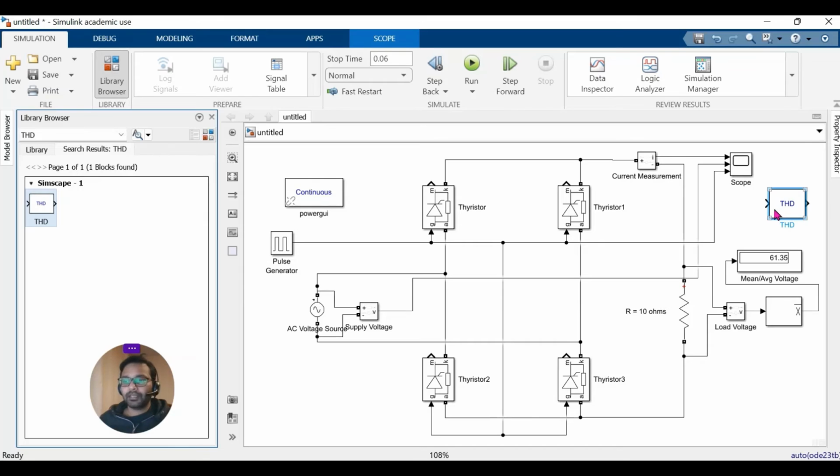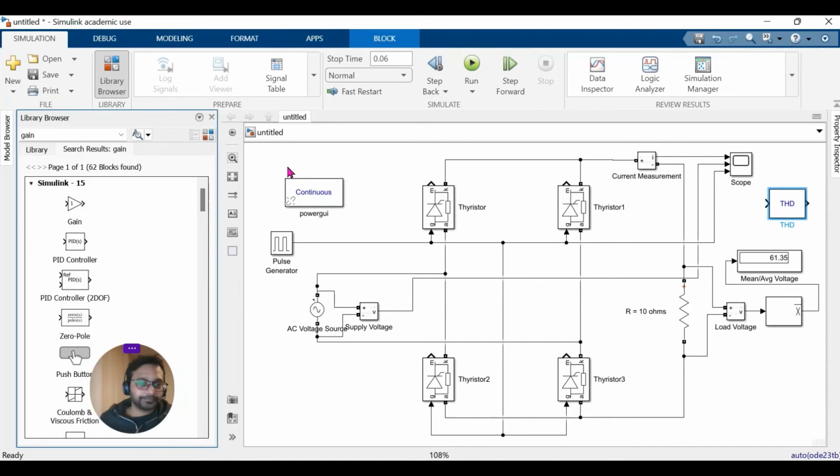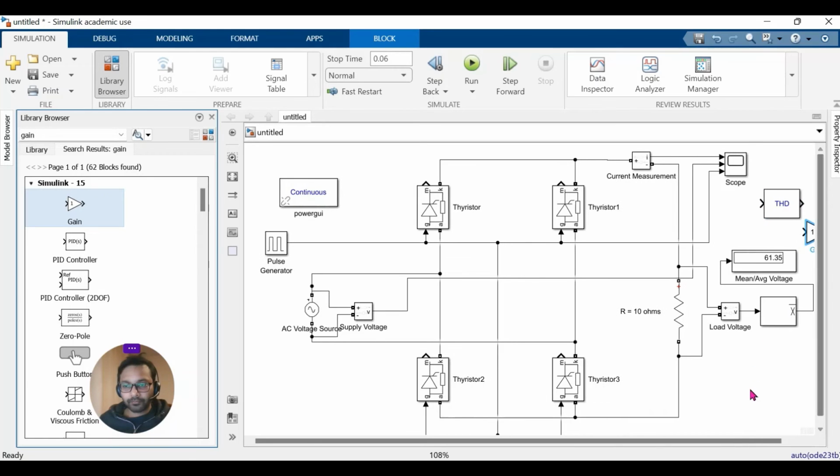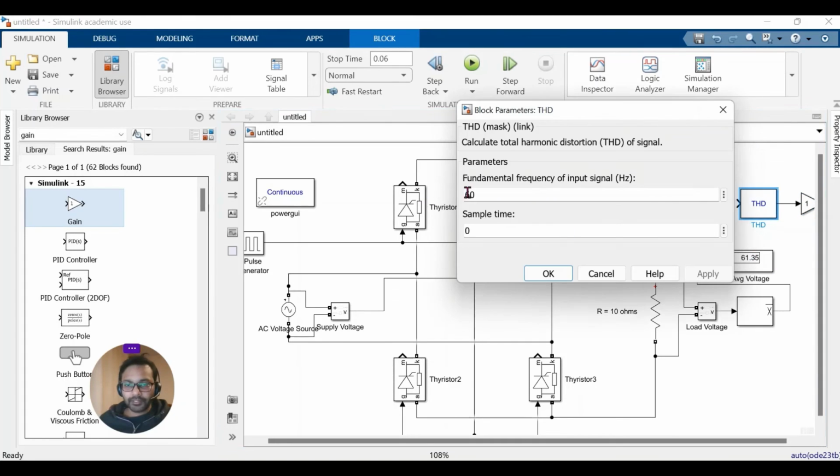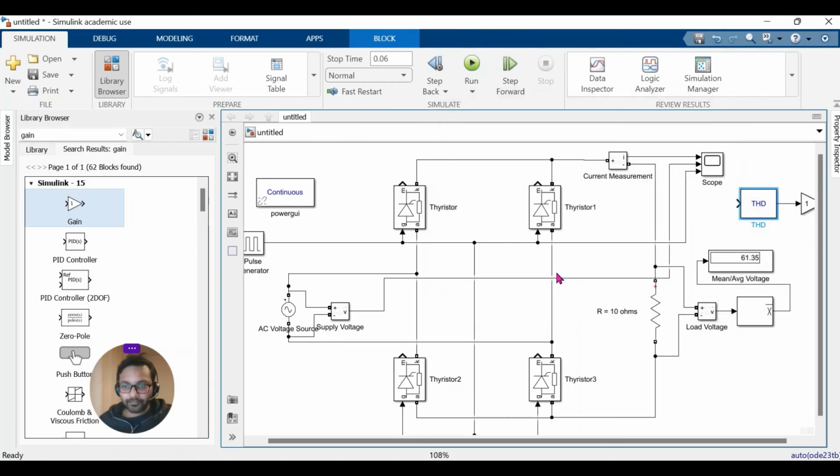Okay, and along with that I will need a gain block. Okay, so the total harmonic distortion, I need to change the fundamental frequency.